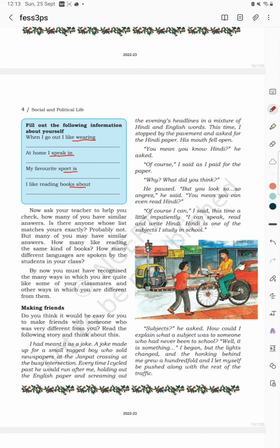Chances are very less, but many of you may have similar answers. How many like reading the same kind of books, and how many different languages are spoken by students in your class? So by now, you must have recognized the many ways in which you are unique, the ways in which you are quite like some of your classmates, and the ways in which you are different from others.